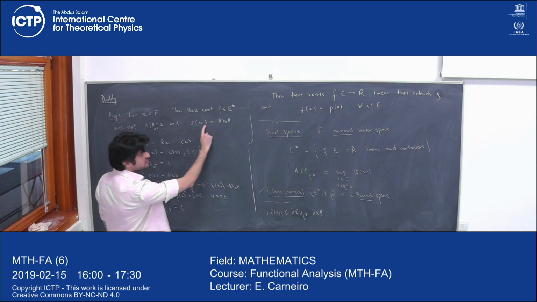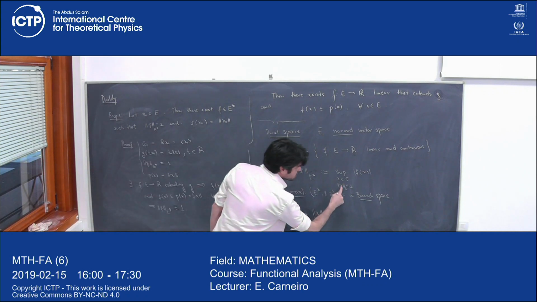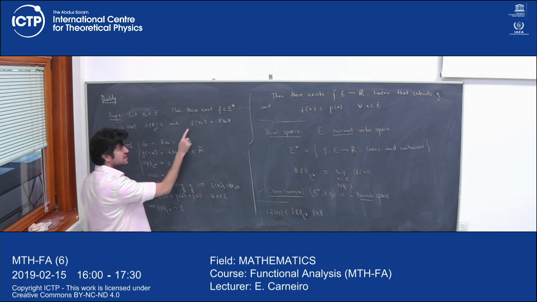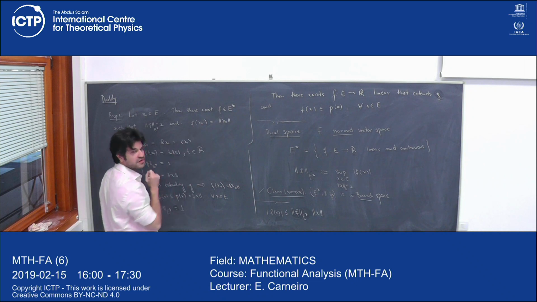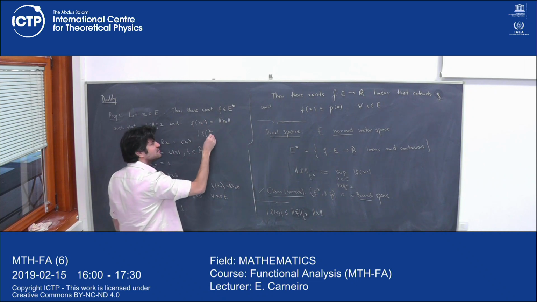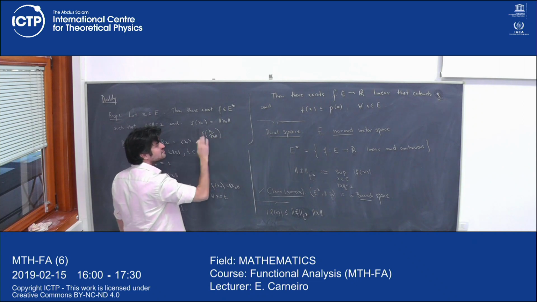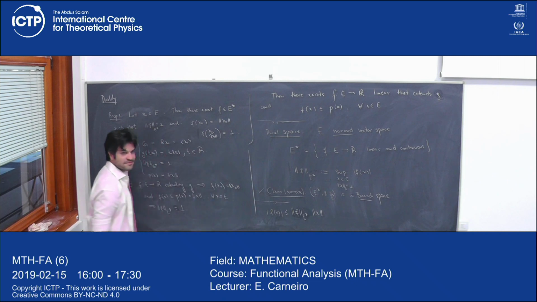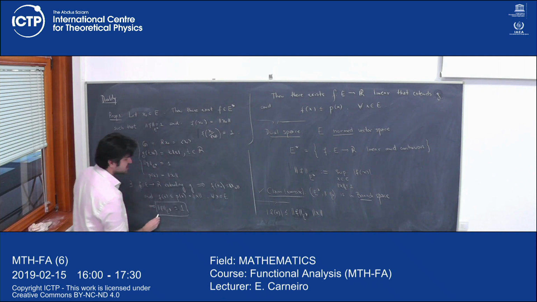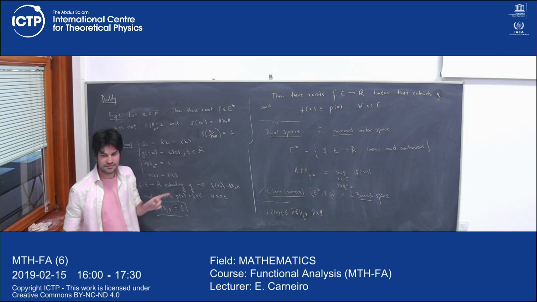Or if you want, since you take here the supremum over the unit ball, what you would be really looking at is f applied to x0 over the modulus of x0, right? So you should actually be looking at f of x0 over the norm of x0, which is a unit vector now. This is equal to 1. So the norm of f is 1, and this is attained at the unit vector in the direction of x0.